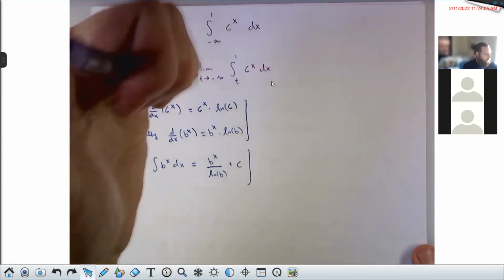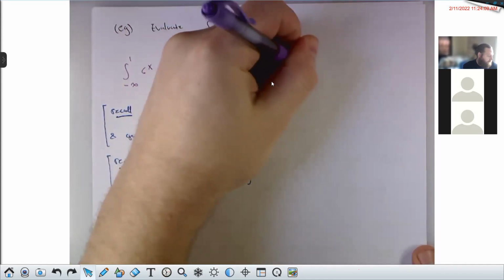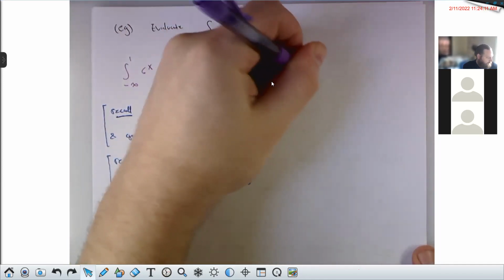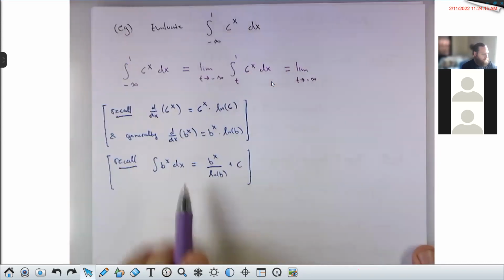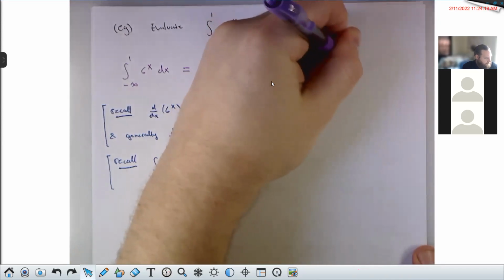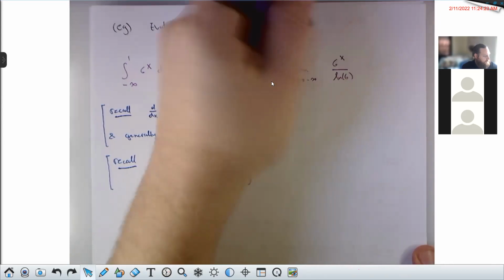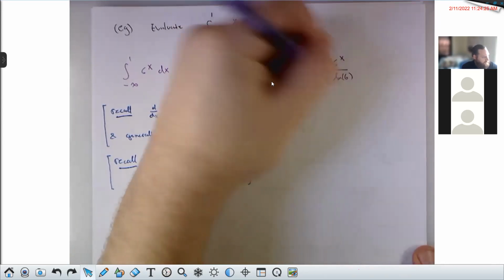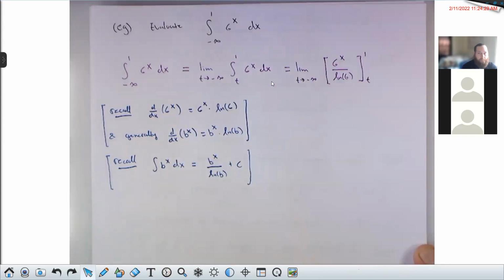So continuing over here, this will be the limit as t goes to negative infinity. The antiderivative of 6 to the x, following this second blue formula, is going to be 6 to the x divided by the natural log of 6. And we need to evaluate this from t up to 1.